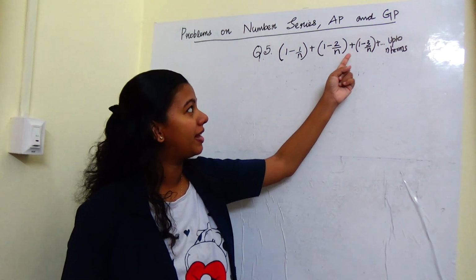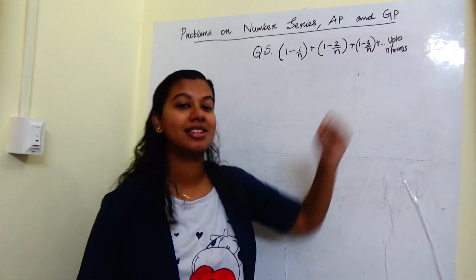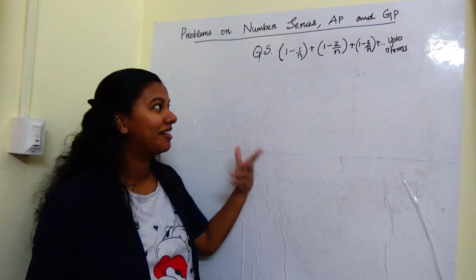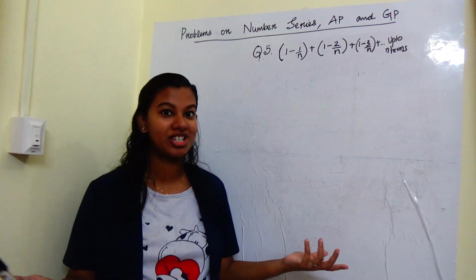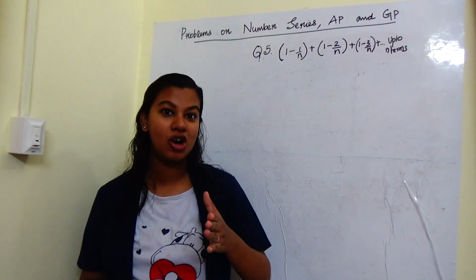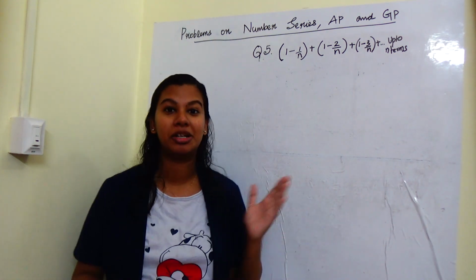Okay. Now the next question, that is question number 5, is 1 minus 1 by n plus 1 minus 2 by n plus 1 minus 3 by n plus etc. up to n terms. Now in this case, it is not an arithmetic progression or a geometric progression, because in arithmetic progression it is to add a constant and in geometric progression it is to multiply a constant.